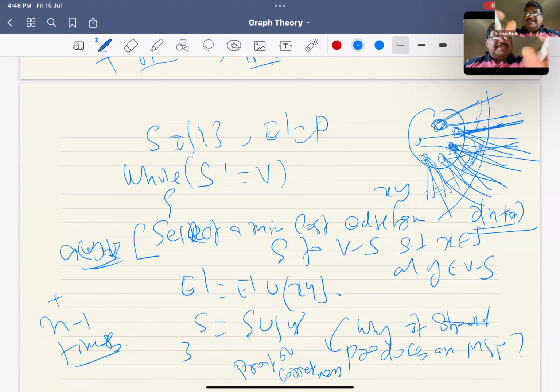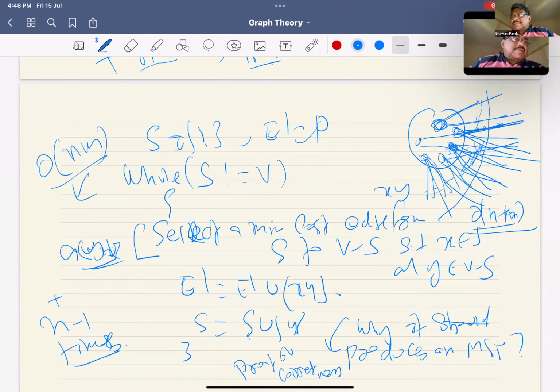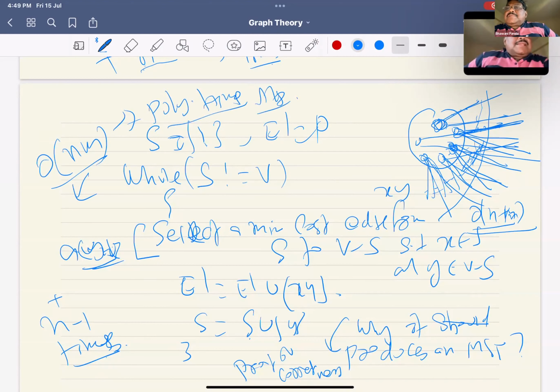At the most it will take nm time, but it can be done in lesser time also if you use a proper data structure. So this one is a polynomial time algorithm. And for a given problem, the first thing is, is it possible to design a polynomial time algorithm? Is it fine at this point?